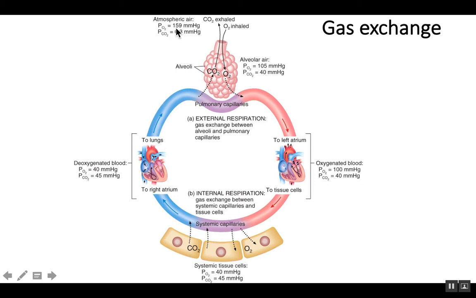Here we suggest there's 159 millimeters mercury of oxygen in the atmosphere. There's 0.3 millimeters mercury of carbon dioxide. So there's much more oxygen in the atmosphere than carbon dioxide. This is the air you breathe in. You inhale this atmospheric air, it enters the lungs.